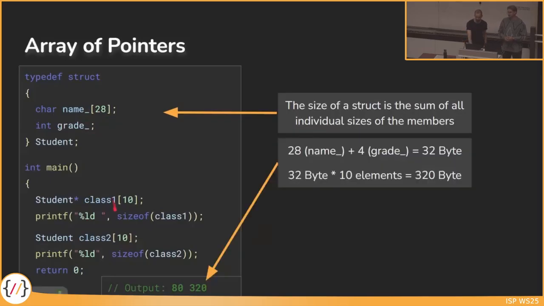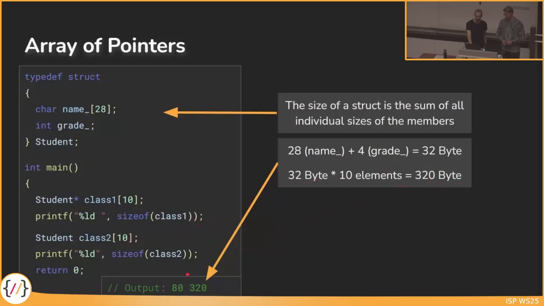And if I calculate, let's move on to this one for a second. If I calculate now the size of an array with 10 students, and each student is 32 bytes long, so 28 for the name, 4 for the grade is 32, times 10 elements I have inside in my array, it's 320 bytes.